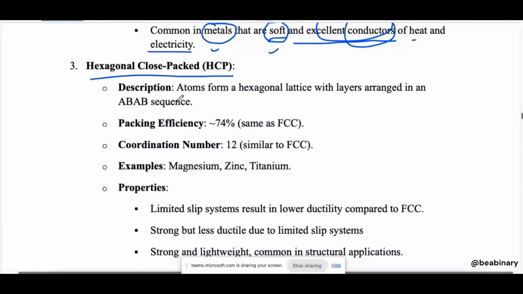Okay, so description: the atoms form a hexagonal lattice with layers arranged in an A B C sequence. Hexagonal means you can have it like this: one, two, three, four, five, six. Similar to that, you just draw the lines here.